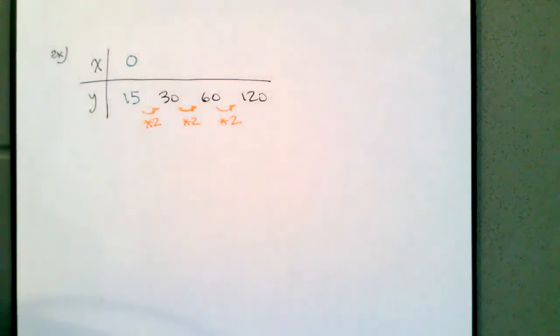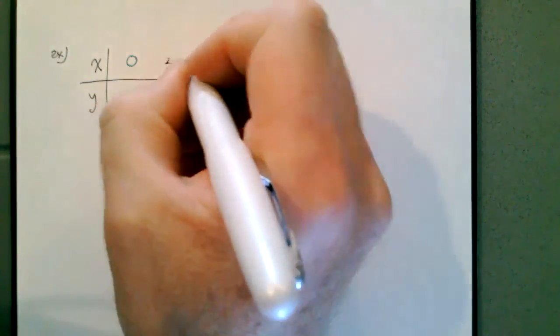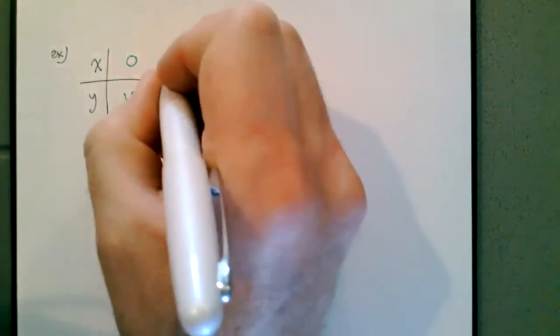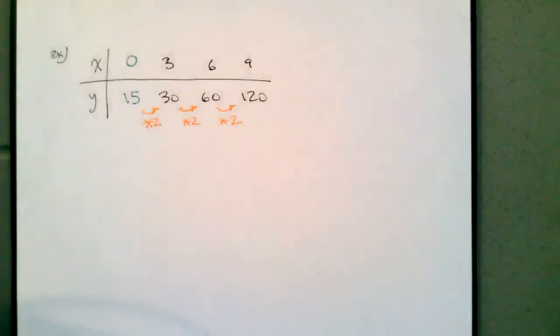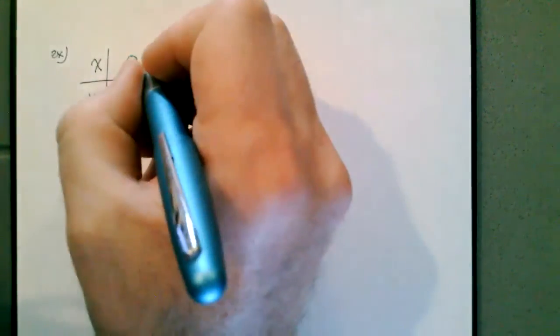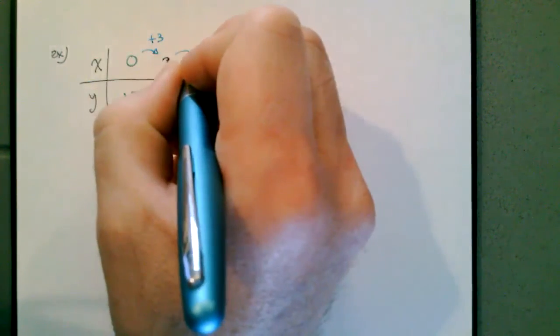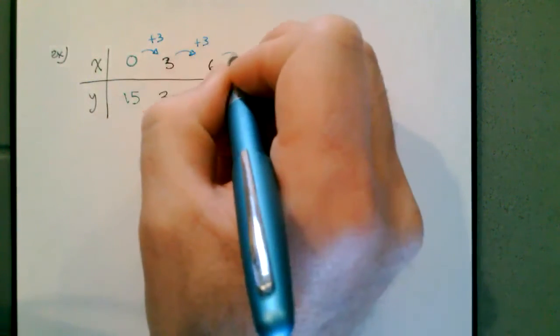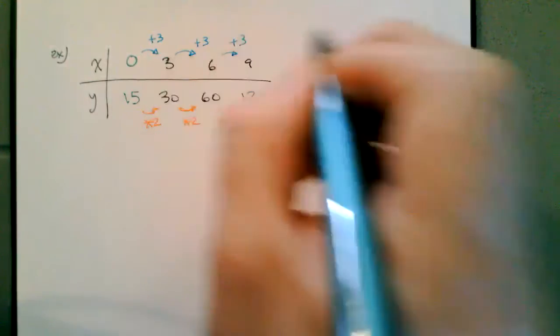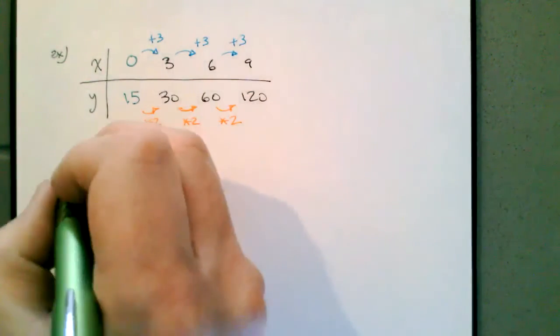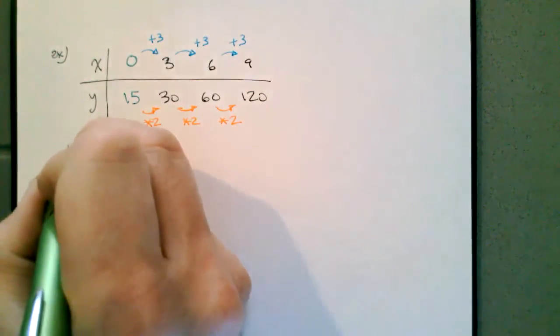But now the step size is not going to be 1. I'm going to make the step size 3. So the thing that's happening to the y is happening every 3 units, not every 1 unit. And our equation, so our sentence is going to reflect that. Easy to incorporate into the sentence.